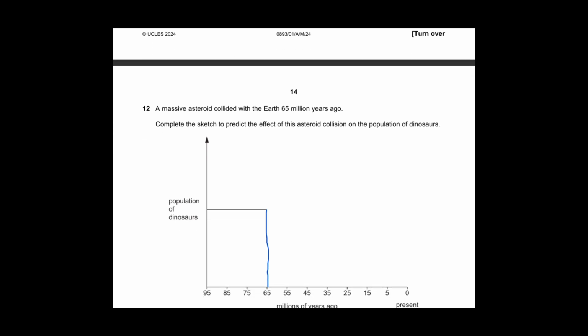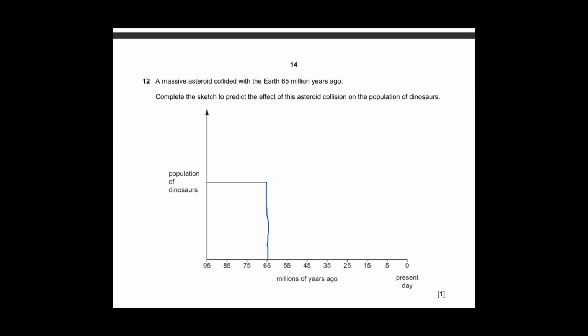The next question, number 12, is about mass extinction. One thing you need to know is that mass extinction happens suddenly. One of the causes is collision by a massive asteroid. Historically, by research, it happened about 65 million years ago. The moment it happens, it doesn't take millions more years for some organisms to go into extinction.